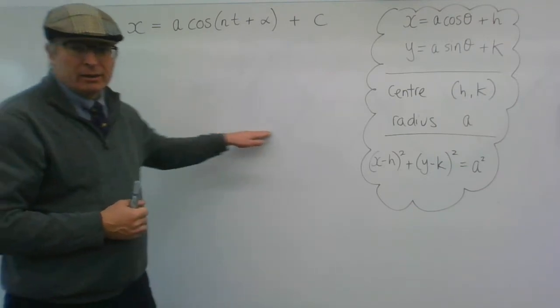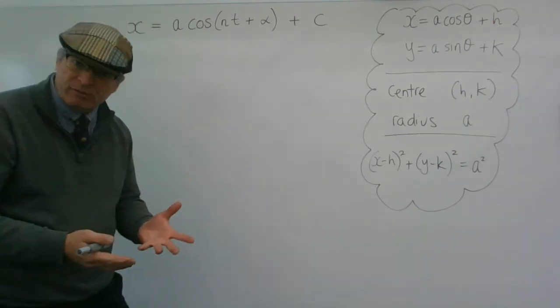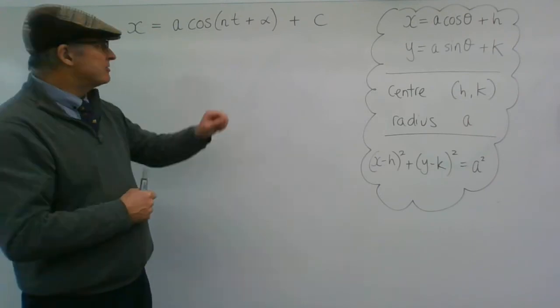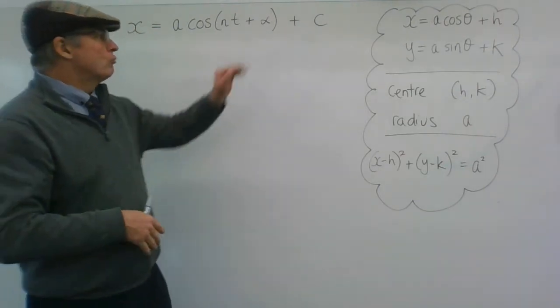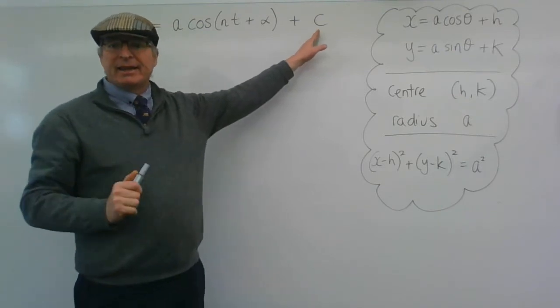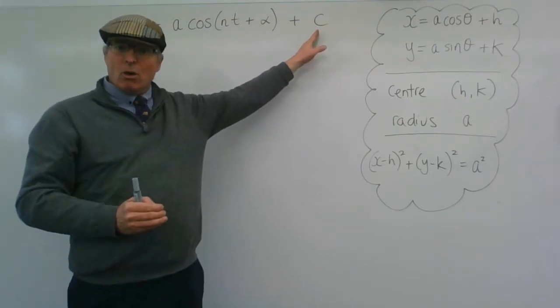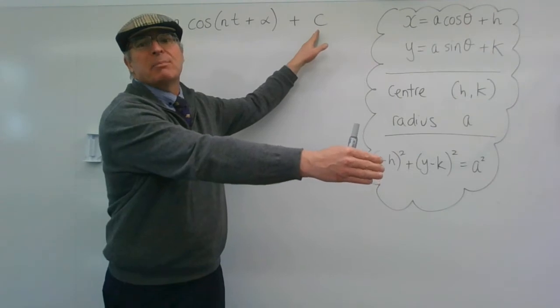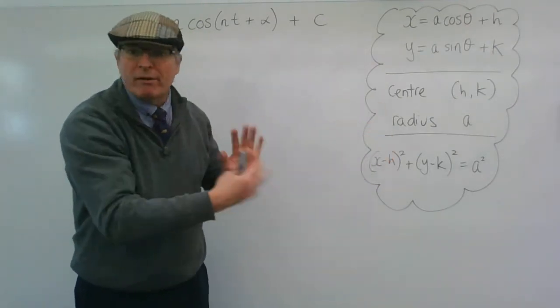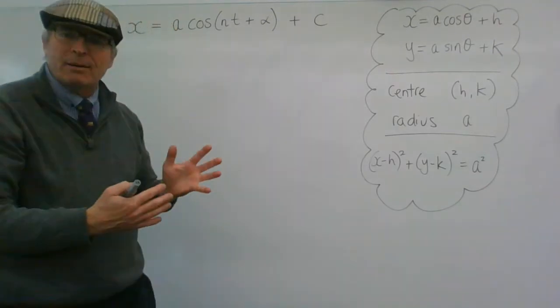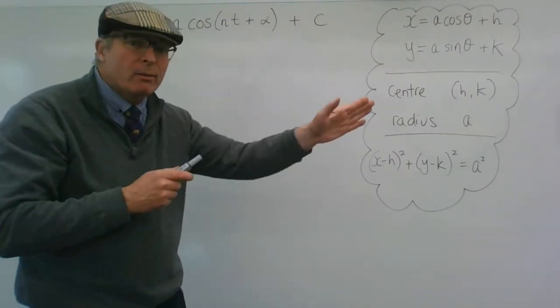So on our line, of course, that's the projection of the particle going around the circle. This phase angle is going to tell us where we are starting. Are we starting right on our point C, that's at the centre of our oscillation? Or are we starting right out at C plus A, which is right out at the far amplitude, or somewhere in between? And if we're starting somewhere in between, which way are we going when we start?